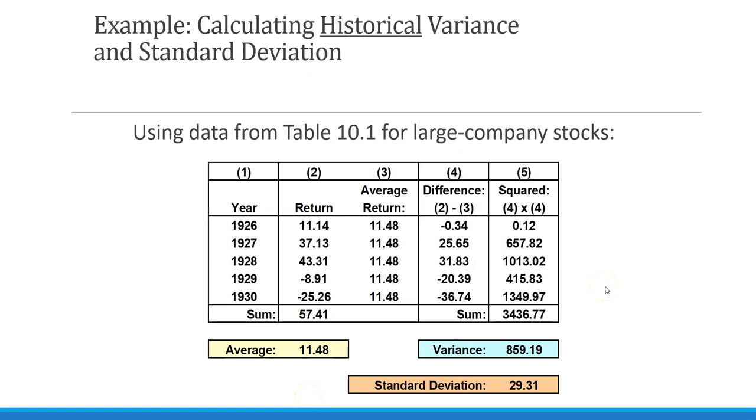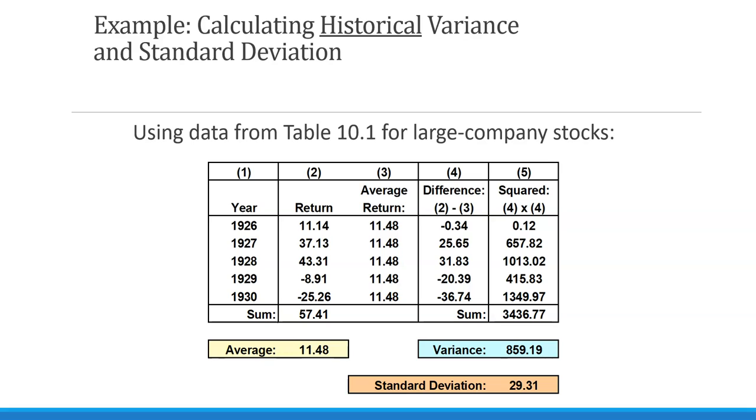So here's an example of the historical variance and the standard deviation. We're looking at a range of years from 1926 to 1930. We have the returns, the average return, which is the sum divided by the number of years that we're looking at.